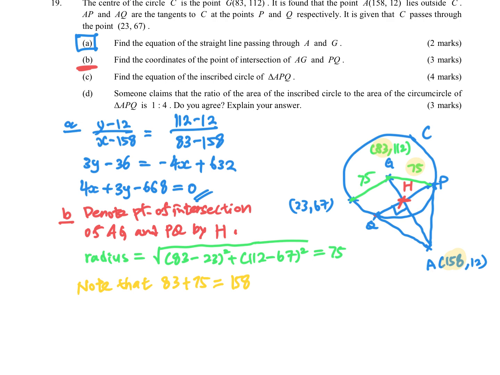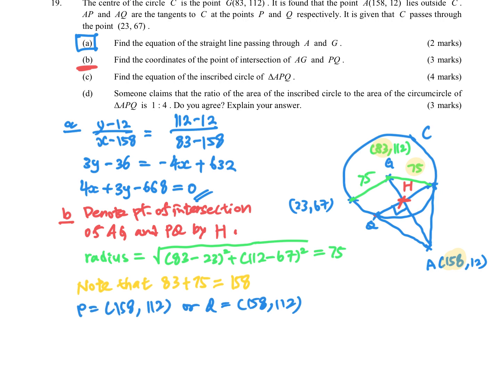That means in this case GP is horizontal, but P can be Q depending on the naming. So we can say that P equals (158, 112), or Q equals (158, 112). Okay, so let's say P. My figure is using P to be simple.